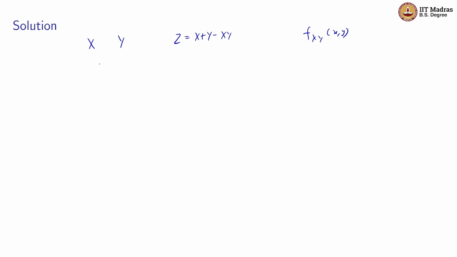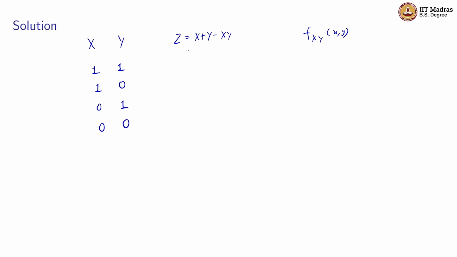All possible XY pairs are 1 1, 1 0, 0 1, 0 0.